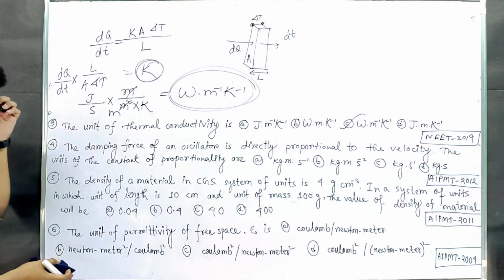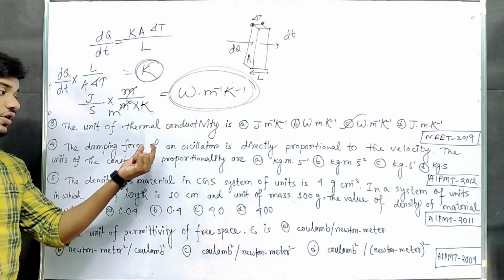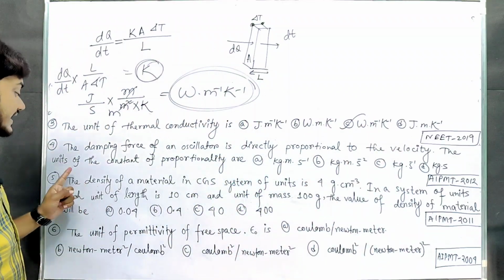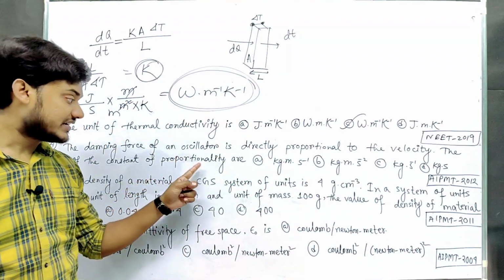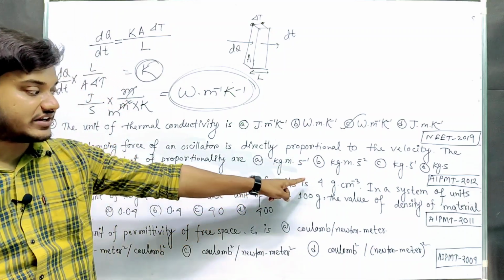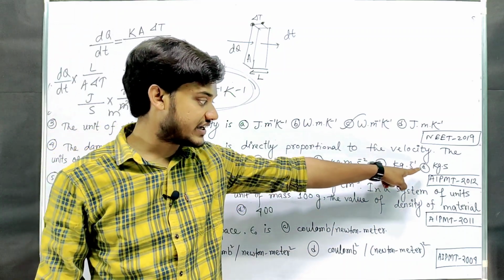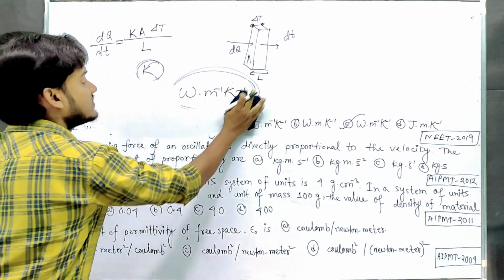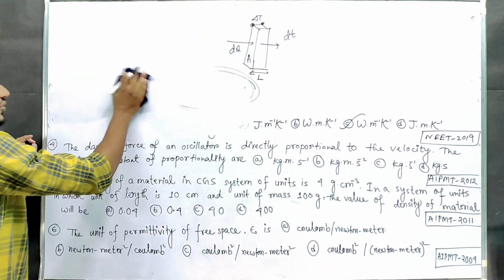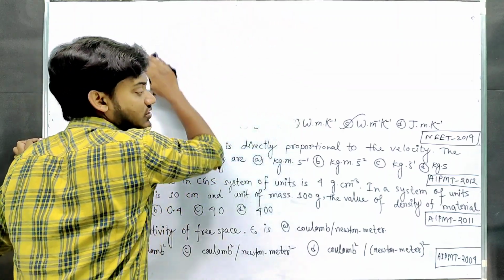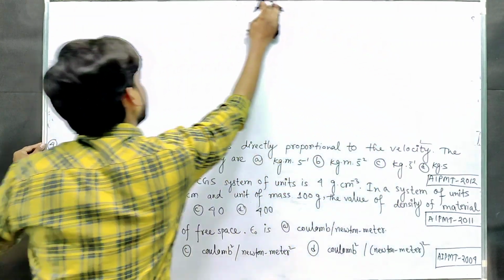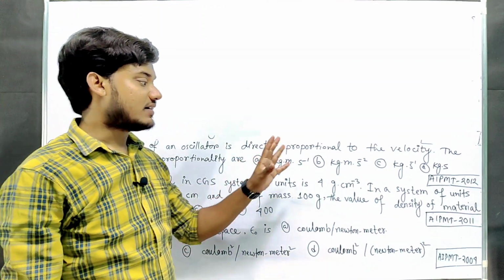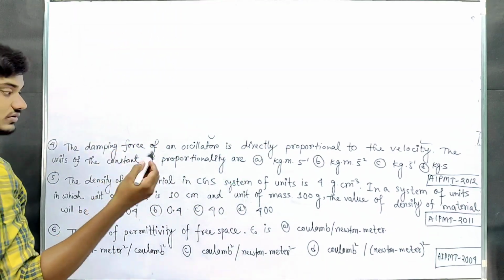Okay. Next, the damping force of an oscillator is directly proportional to the velocity. The units of the constant of proportionality are kilogram meter second inverse, kilogram meter second inverse, kilogram second inverse, or kilogram second. Which option will be right? Think a little by yourself.